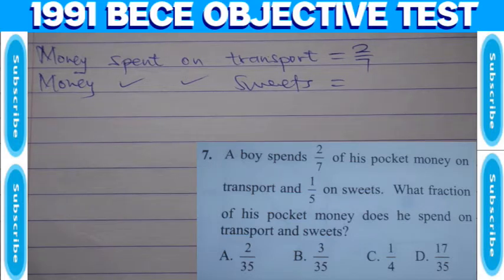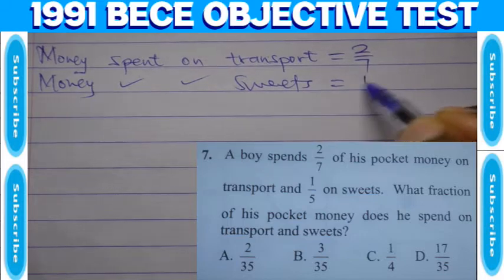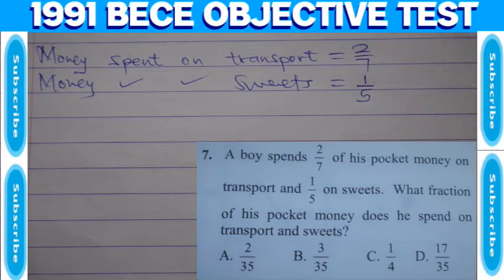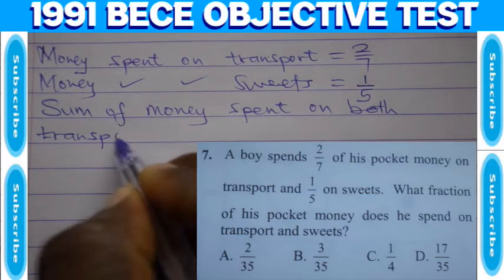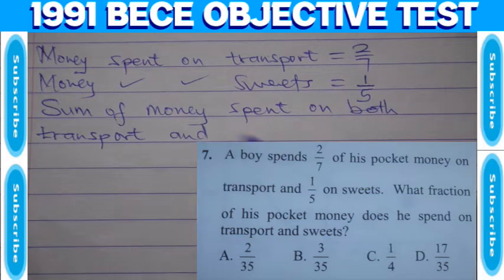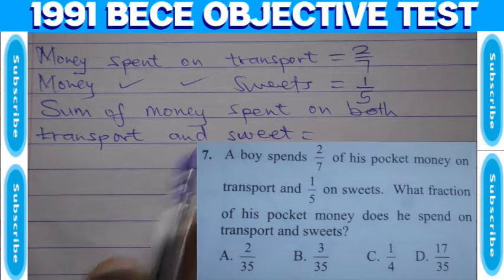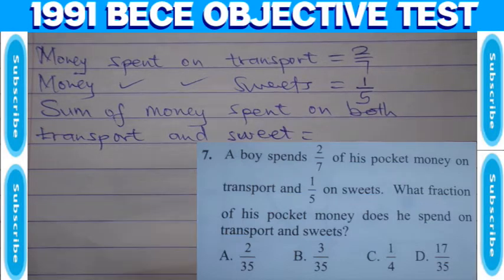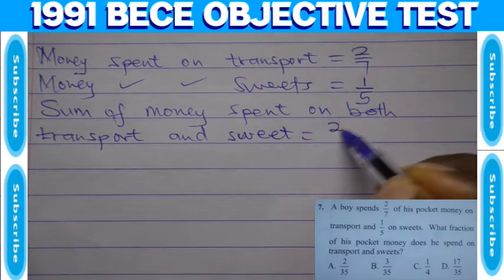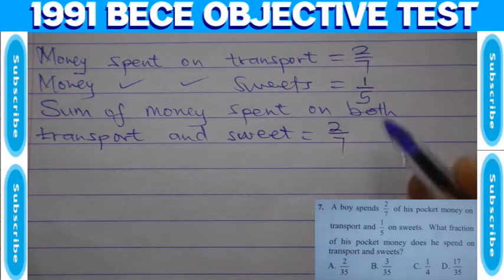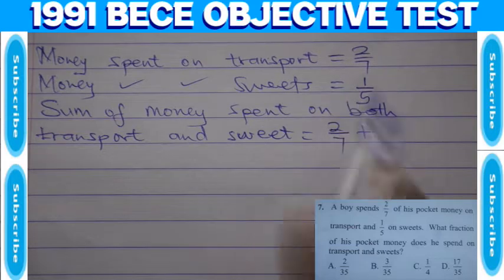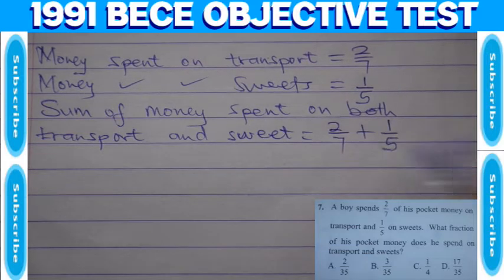So the fraction of money spent on sweets is equal to 1 out of 5. So we have to find the sum of money spent on both transport and sweets. The sum will be the fraction spent on transport, that is 2 out of 7, plus the fraction spent on sweets, which is 1 out of 5.